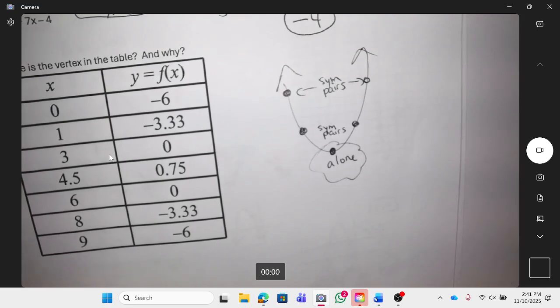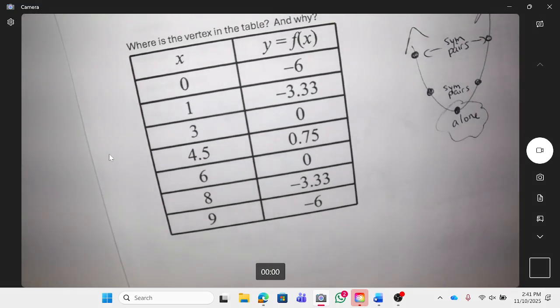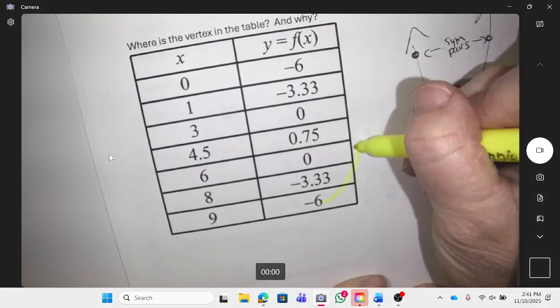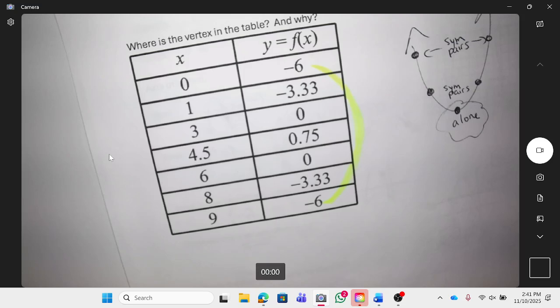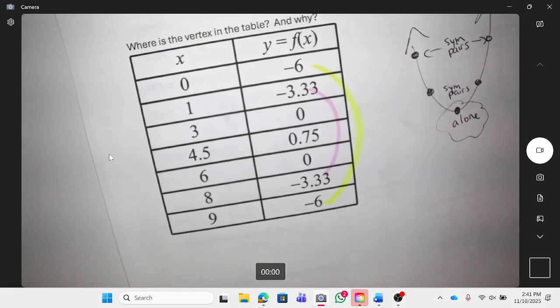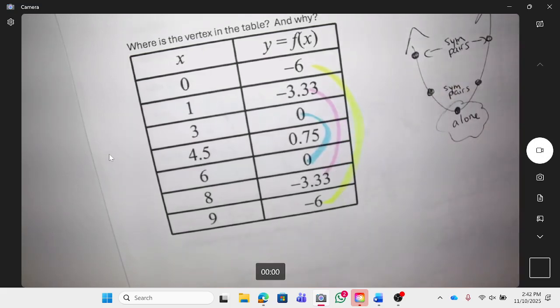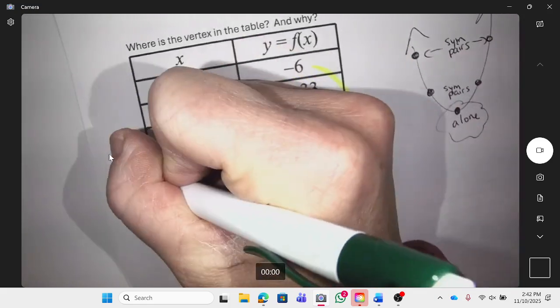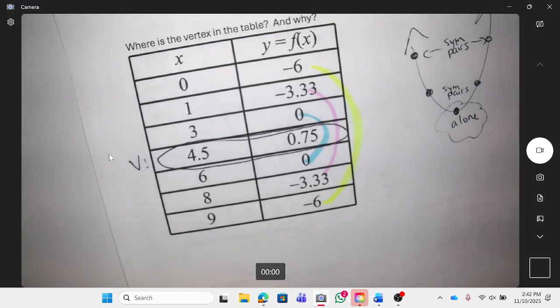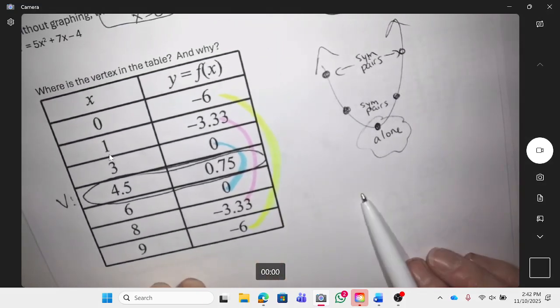So can you figure out on the chart which one the vertex would be? Well, that looks like it have a symmetric partner. Well, those are symmetric partners. These are symmetric partners. So which one is my vertex? Okay, does that make sense? Understanding what's going on the graph, right?